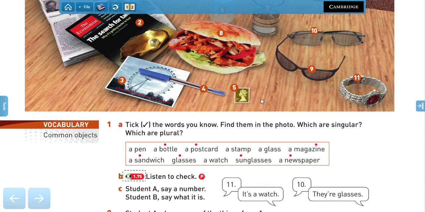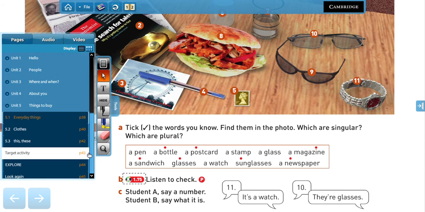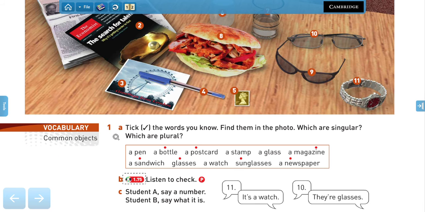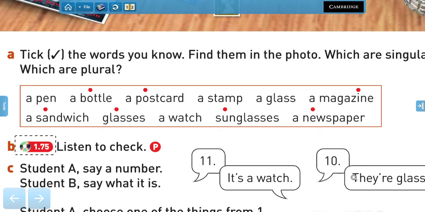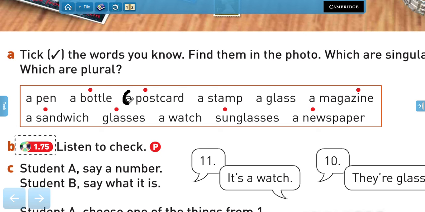Now, in this part of the lesson, we're going to be talking about plurals and singulars. If you pay attention to the box here, we have words in plural and in singular. The words in singular have an A before.